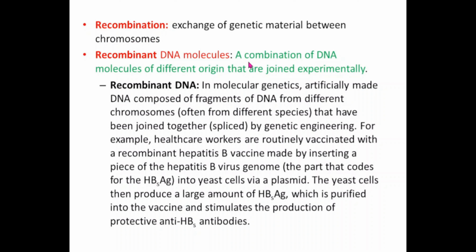Recombinant DNA molecules are a combination of DNA molecules of different origin that are joined experimentally. It is possible to join DNA of one organism with DNA of another, and then that will be recombinant DNA.